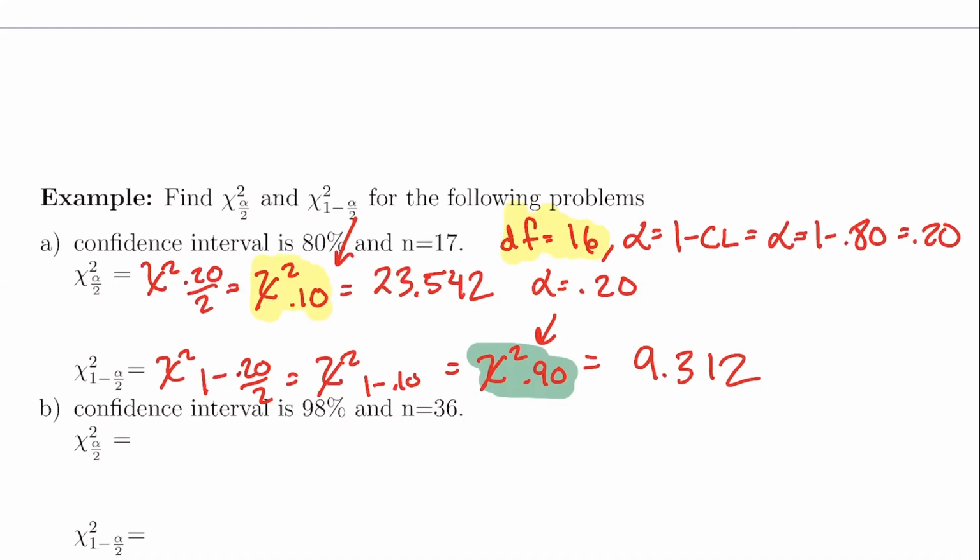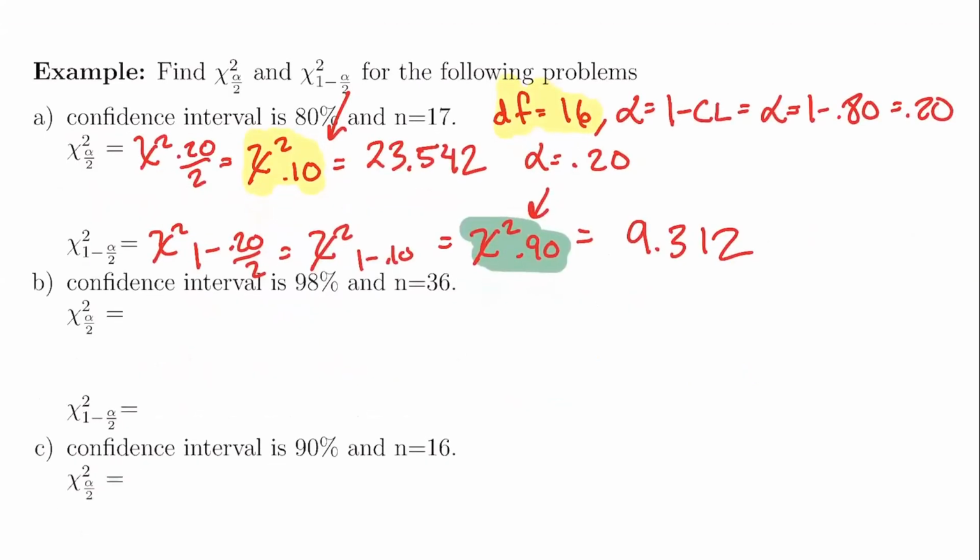All right, let's do B. For B, we get a confidence interval of 98% and n is equal to 36. So if n is equal to 36, that means degrees of freedom is 35, because 36 minus 1 is 35. Up next, we're going to find alpha.